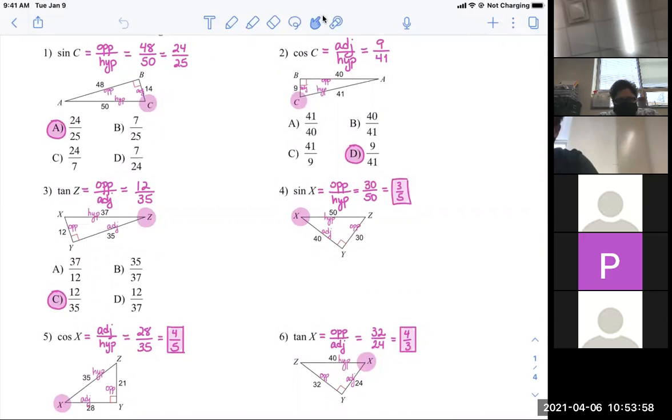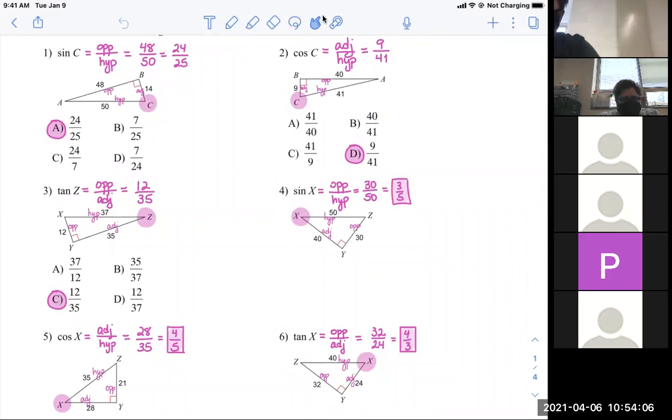Now notice that every time I'm labeling opposite, hypotenuse, and adjacent so that it's right there and I don't have to think so hard. I would strongly recommend that you, whatever angle you're looking at, so see how here it says angle C, then from C, label your opposite, adjacent, hypotenuse.